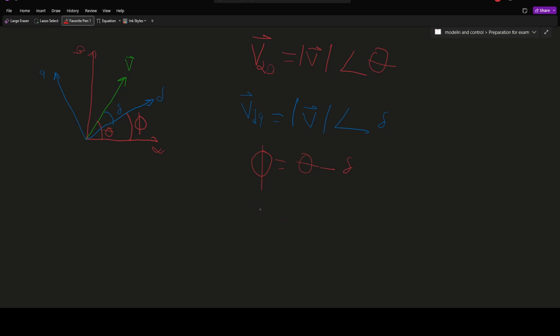So now we can say that, for example, psi is equal to theta minus phi. So we could represent the phasor again, B in dq, is going to be equal to the magnitude, and phi is just theta minus an angle.